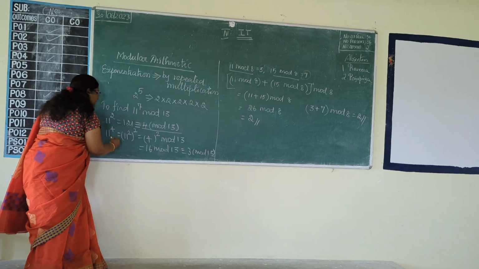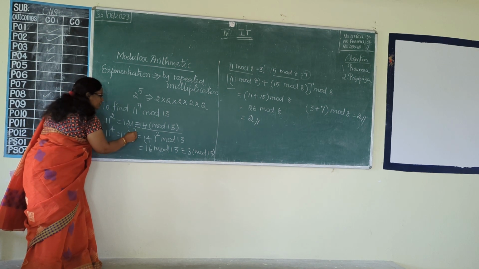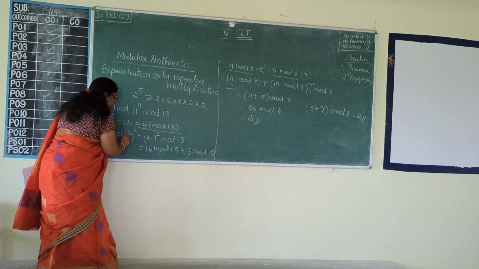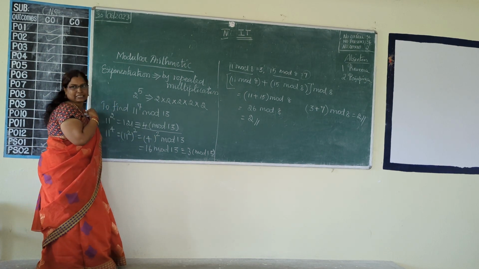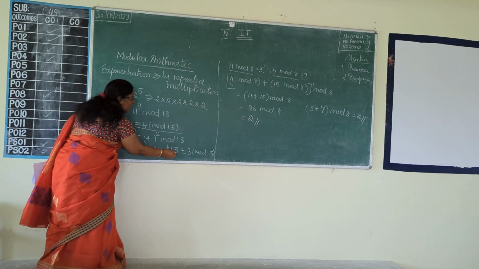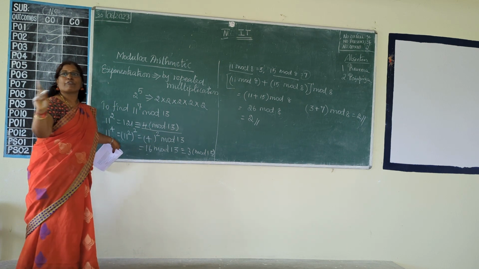So with that I go to the next level, 11 to the power 4, which is nothing but 11 square to the power 2. I know the value for 11 square, which is only 4. So 4 square is easy for me: 16 mod 13, which will be 3. This is for 11 to the power 4.